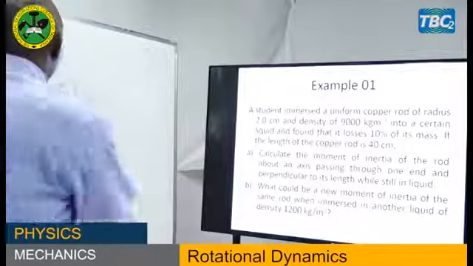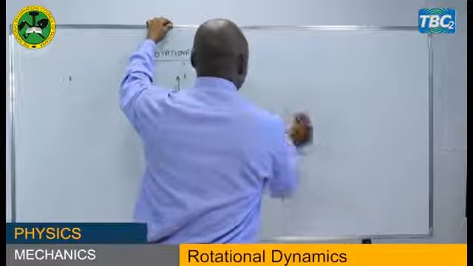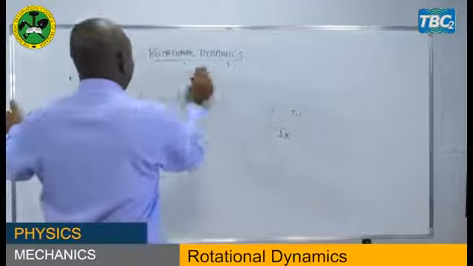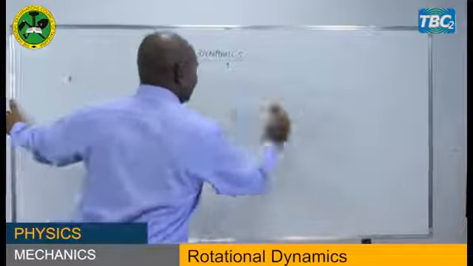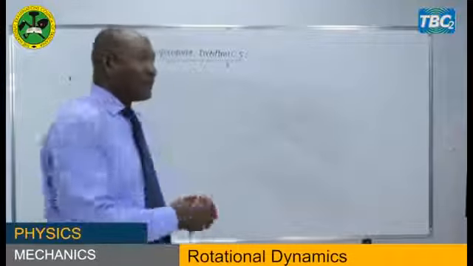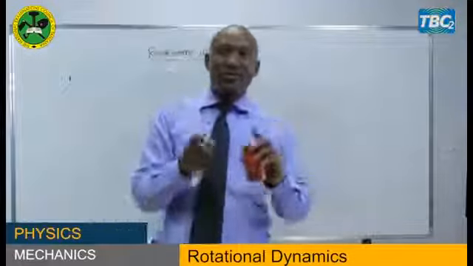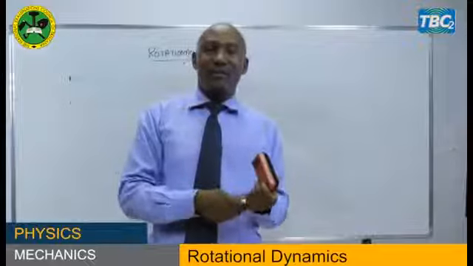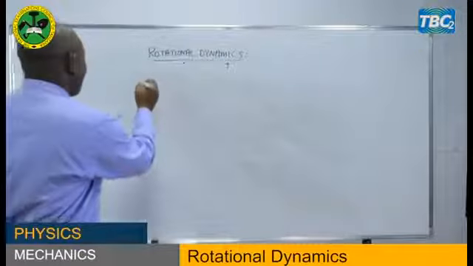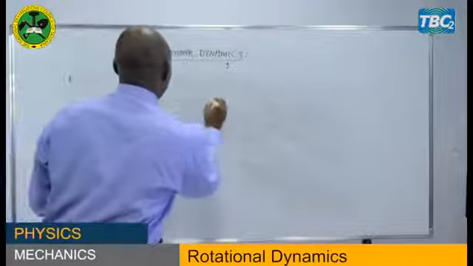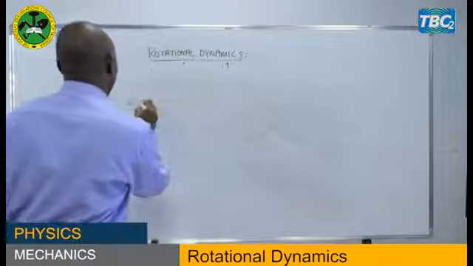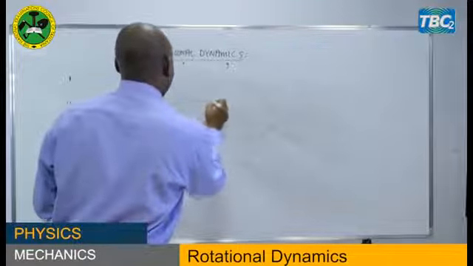Let's draw the diagram. Step number 1, for this question, you should know how to draw a well-labeled diagram. So here we have our rod, copper, whose dimensions are given.